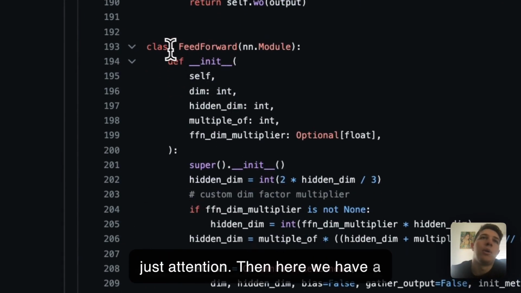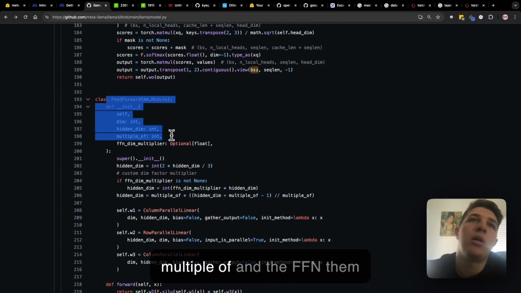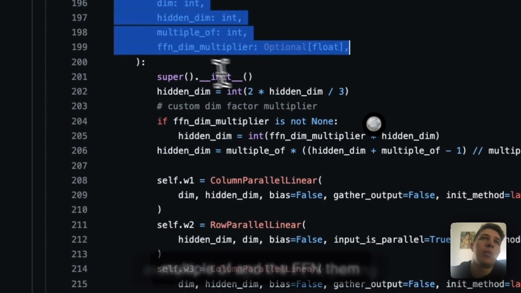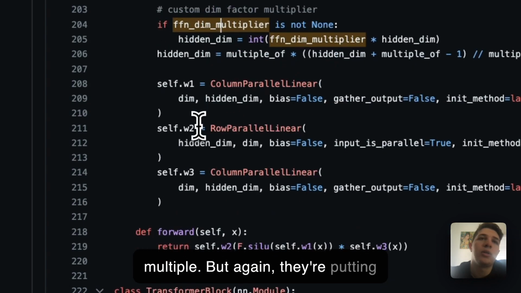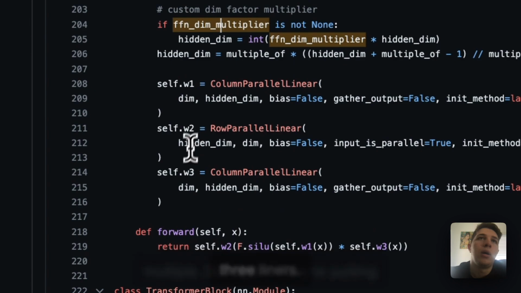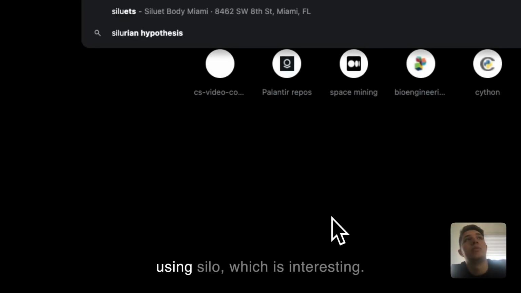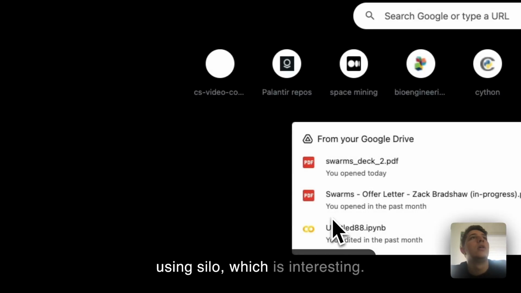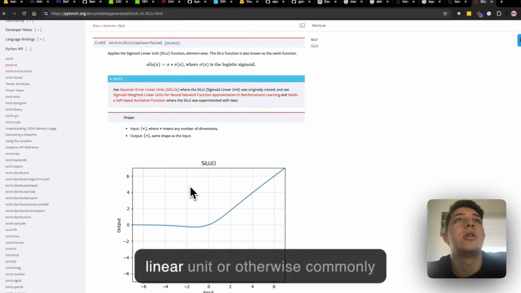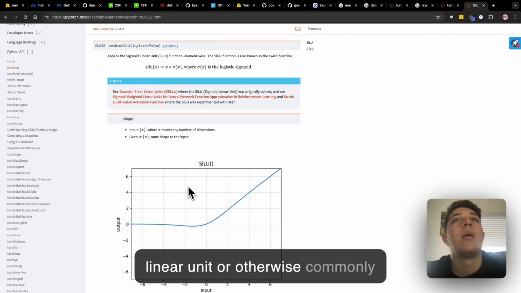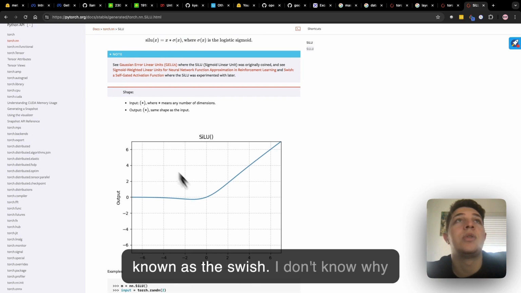Then here we have a feed forward dimension. The input is dimension, hidden dimension, multiple of, and the FFN dim multiplier. So there again, they're putting 3 linears. So they're using SiLU, which is interesting. Sigmoid linear unit, or otherwise commonly known as the swish.